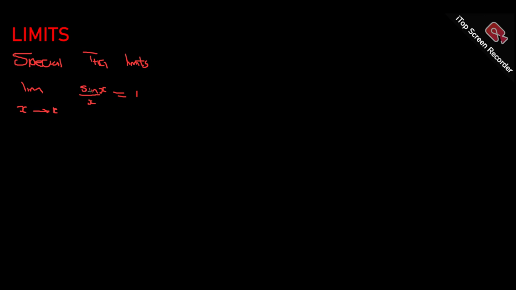Whenever you have sine, then what follows after the sine, the angle that you have, is the same angle you're dividing by. Then this is equal to 1. The number you're dividing up is equal to the denominator, and this is equal to 1.